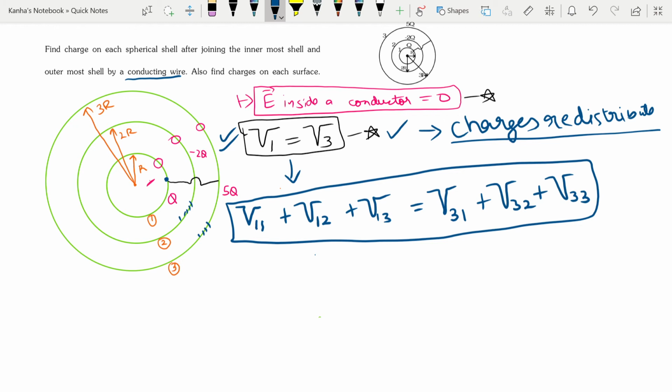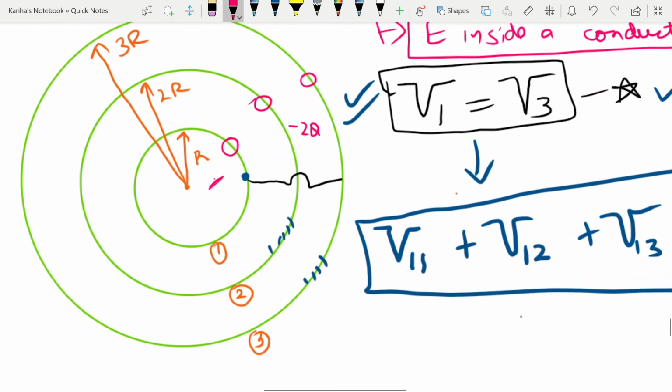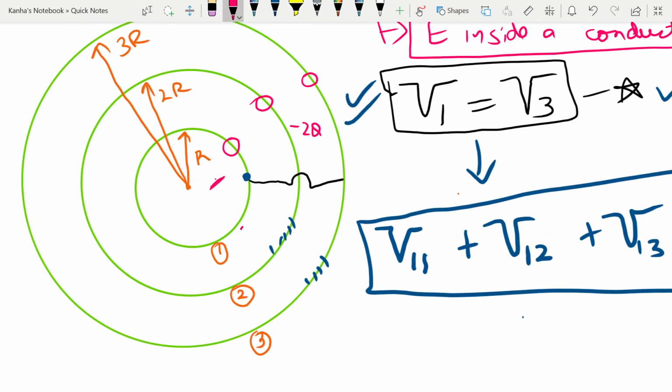Now, how do you proceed with these things? What you do is, let me assume that after the charges have gone from one part to the other, my charge on the inner shell be x.